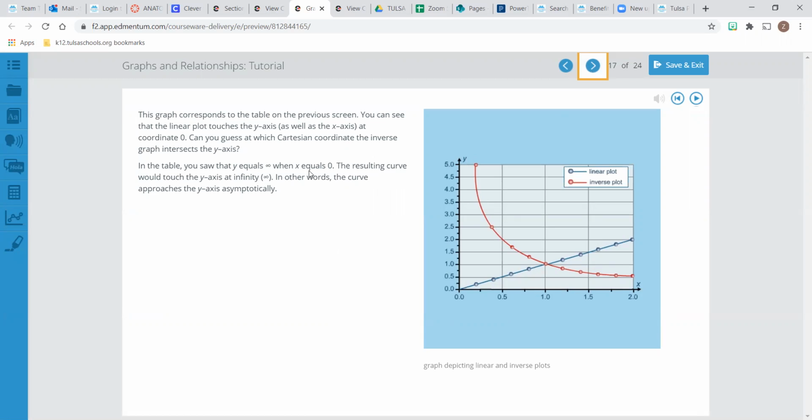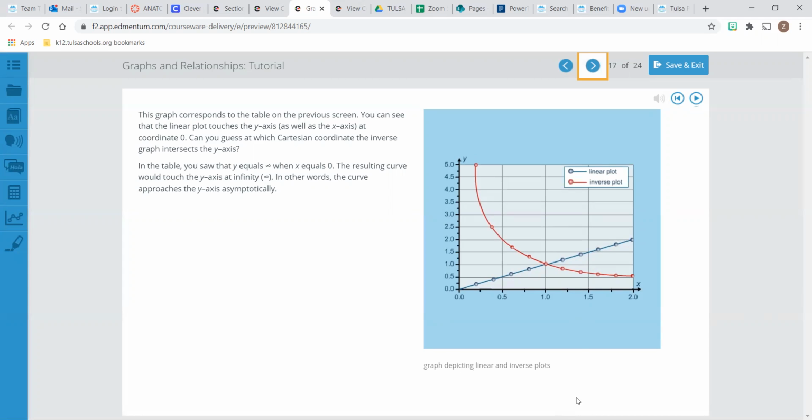Y equals infinity. It just keeps on going up when x equals or approaches 0. It's just way up here. But a lot of the times we're not interested in that. We're interested in this stuff over here. And then as x gets incredibly large and goes towards infinity, y gets super, super small.